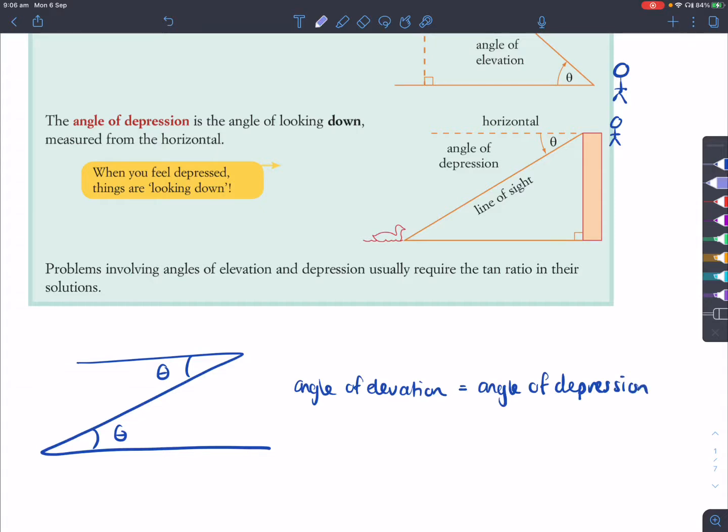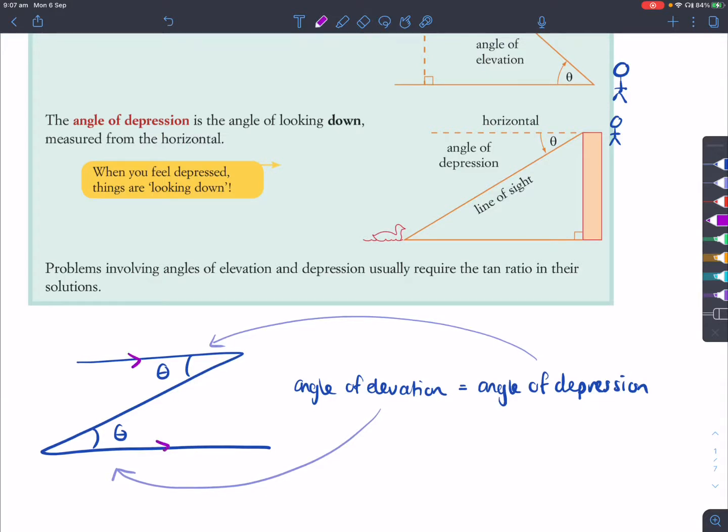This angle of depression is this one here, and the angle of elevation is this one here. And that's equal because these two lines are parallel, meaning that these two angles are alternate angles, which are equal.